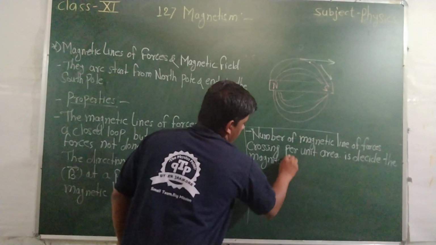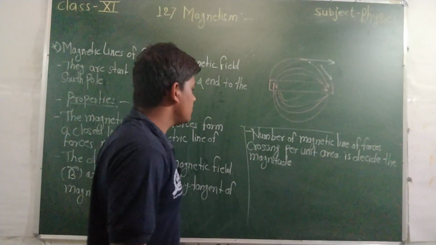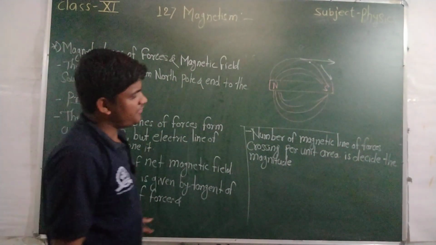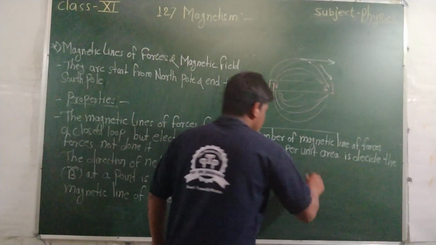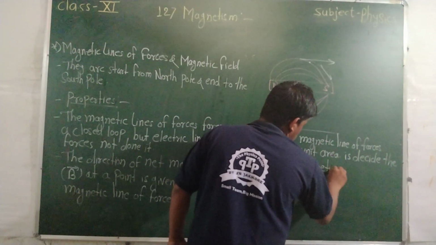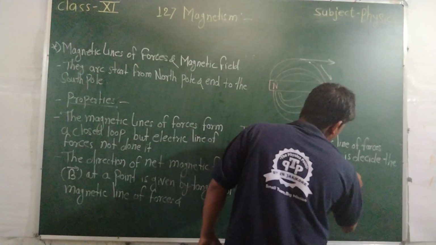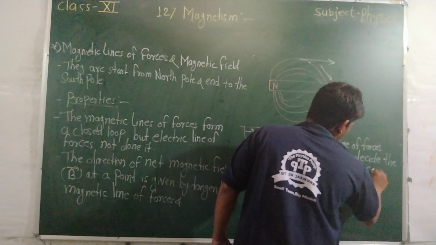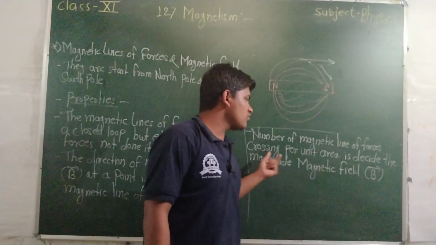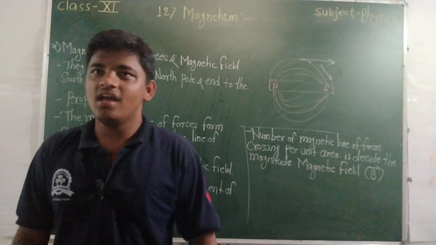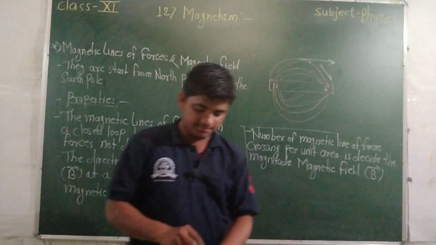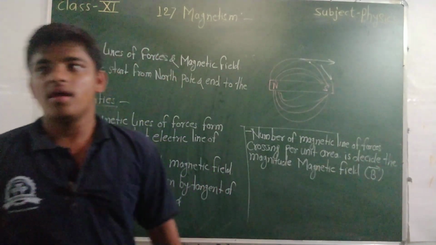Magnitude is only a numerical value; we have just discussed the net direction of the net magnetic field here, and now we are discussing the magnitude of the magnetic field, that is B bar. The number of magnetic lines of force crossing per unit area gives the magnitude of the magnetic field.